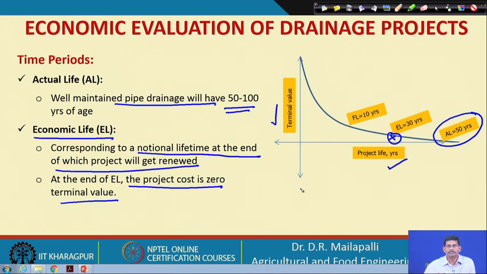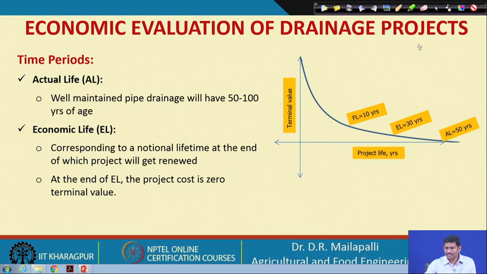For example, you buy a car, right. Initially the resale value will be more, after the first year. After usage of 5-10 years, the resale value will be less, and after 10-15 years it will have 0 value, but you can still use it. That is economic life. So economically it is a 0 value.